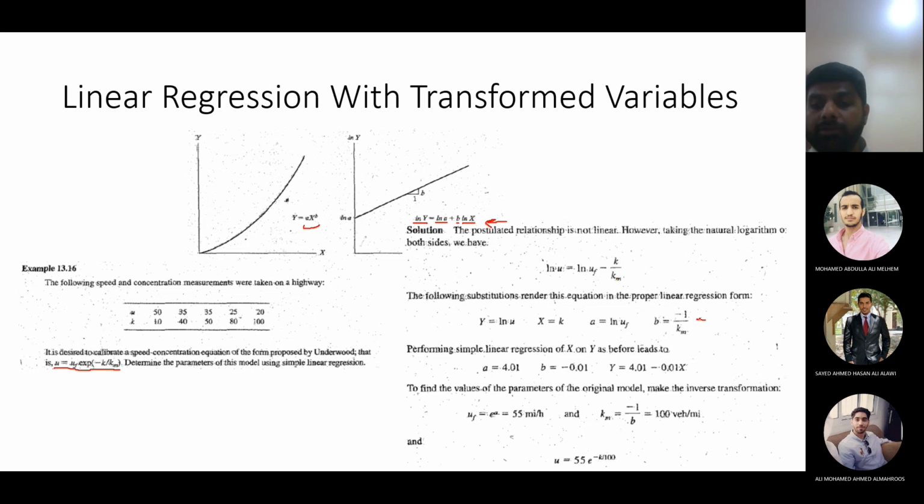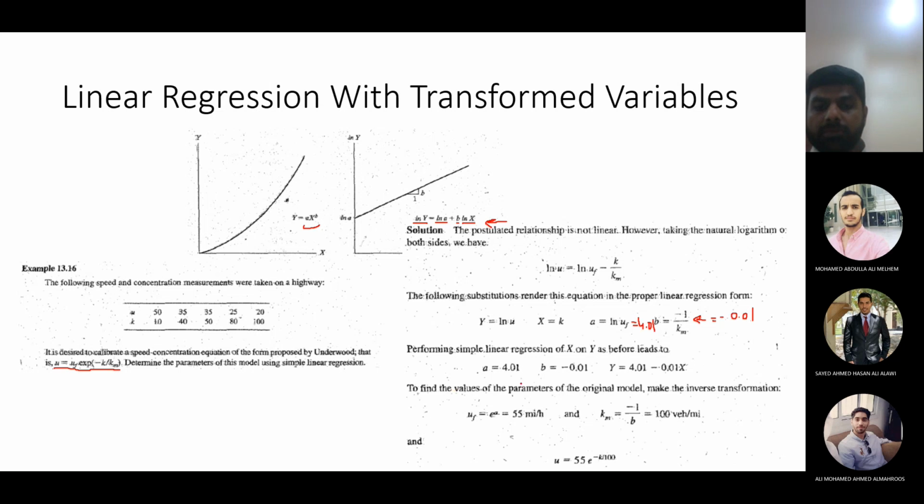This will be put equal to minus 0.01, the value of b, and this will be put equal to 4.01, the value of a. Now remember the actual equation was this. So if I give you the values of uf and km, you can now write the actual equation.